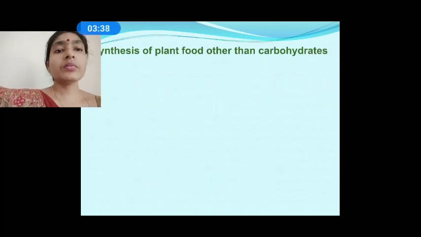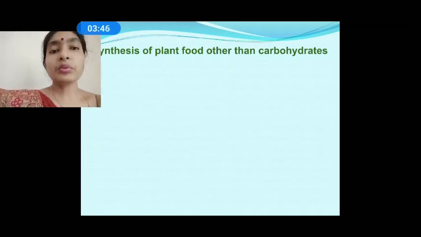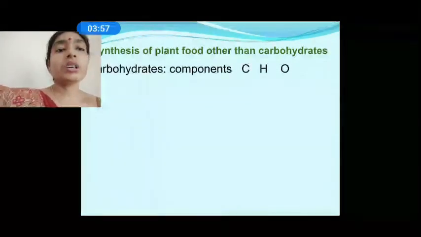Now we know that during photosynthesis plants synthesize carbohydrate. But from food we get other things besides carbohydrate, like protein and fat. How does the plant synthesize protein and fat? We will discuss that now.